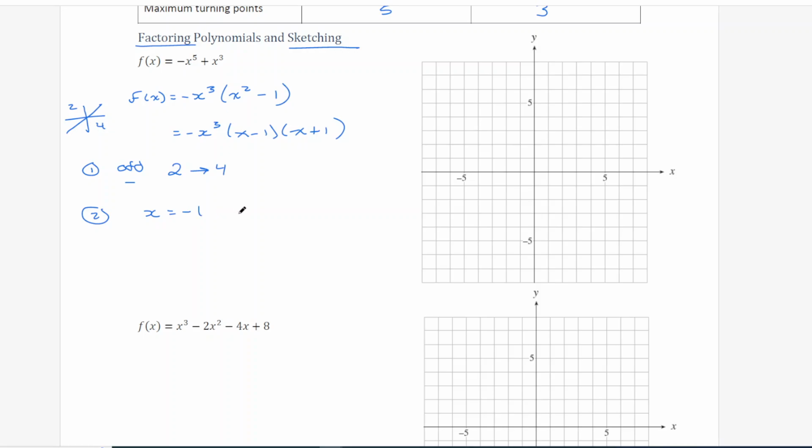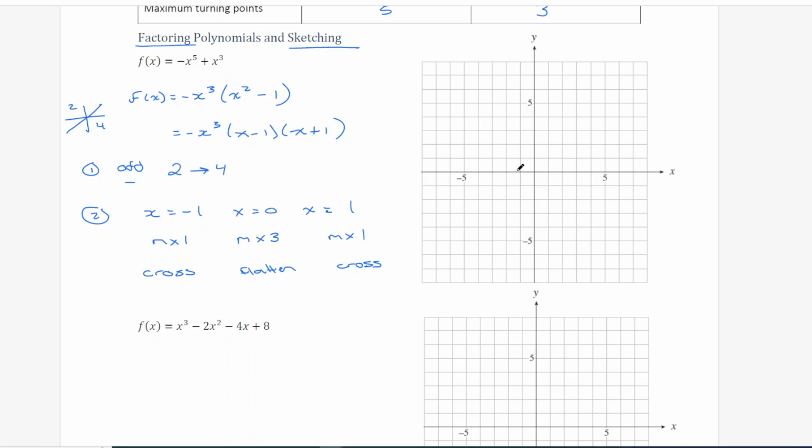So I'm going to go negative 1, 0, and 1. Then I'm going to state their multiplicities. So the 0 of negative 1 has a multiplicity of 1, the 0 at 0 has a multiplicity of 3, and the 0 at 1 has a multiplicity of 1. So I'm going to cross and flatten, and I'm going to cross.